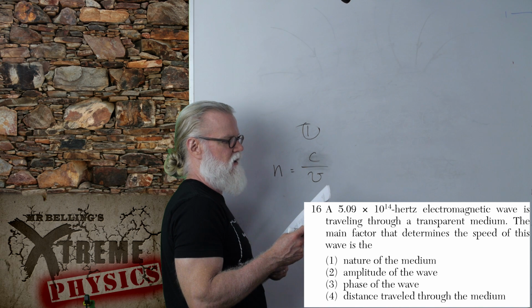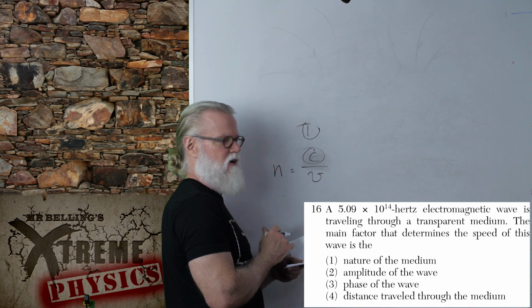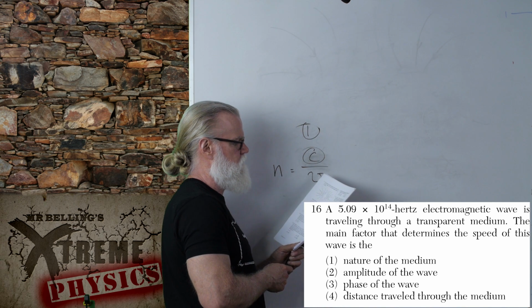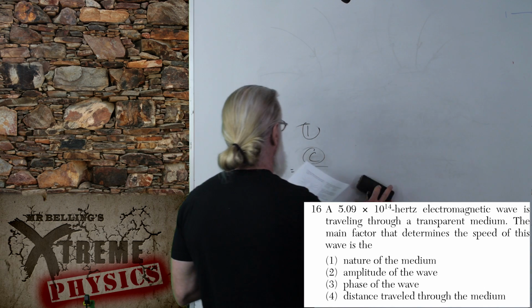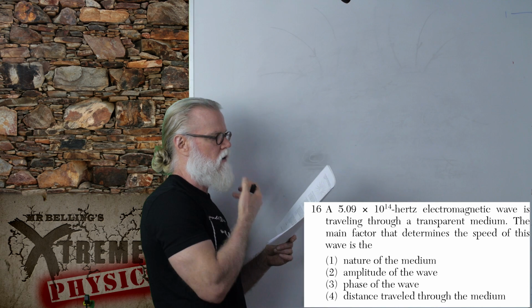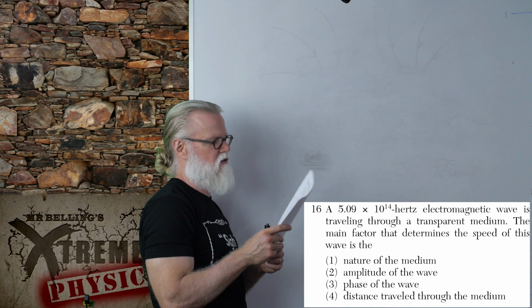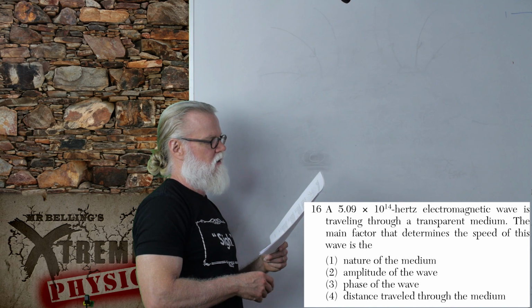It's the medium that determines the speed. In a vacuum, they all travel at c, 3 times 10 to the 8th meters per second. So the medium is what determines the speed of an electromagnetic wave, and that's true of mechanical waves, too. The medium, not the amplitude.